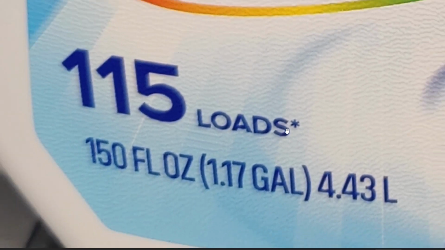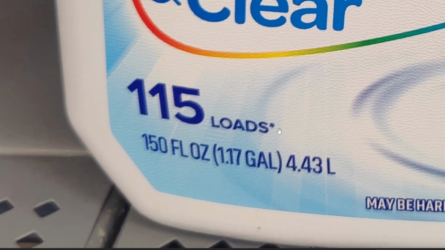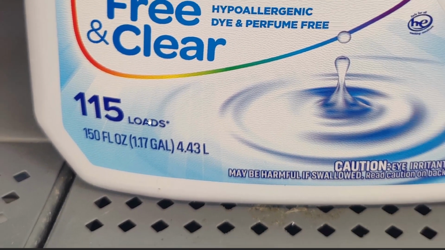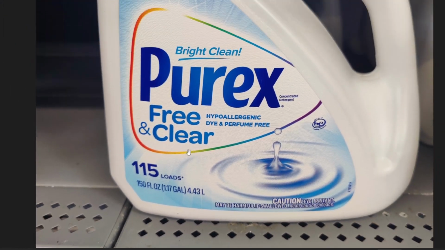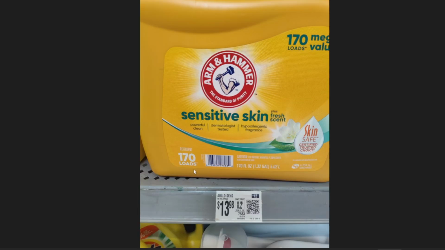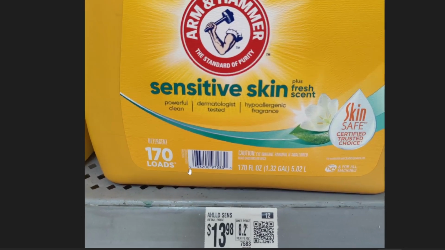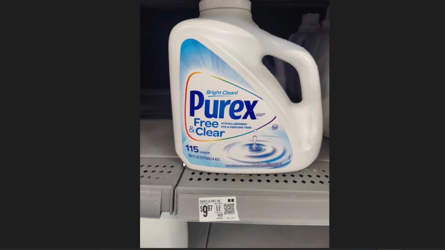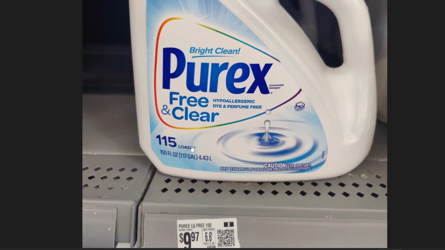What does that even mean? The suggested load size, there's a lot of leeway with how they can advertise what a load is. So if you say 115 loads versus 170 loads, honestly, just get in the habit of ignoring all that.